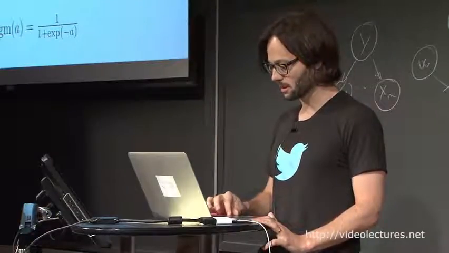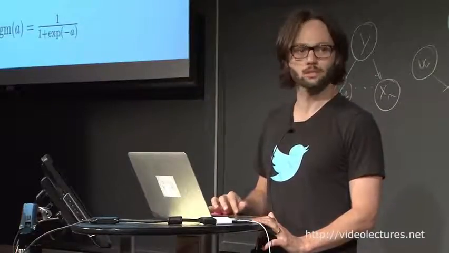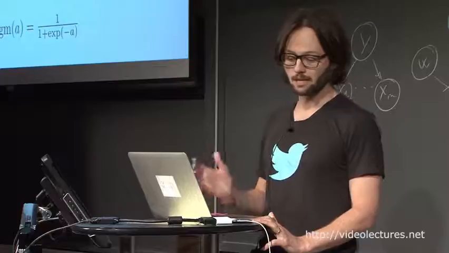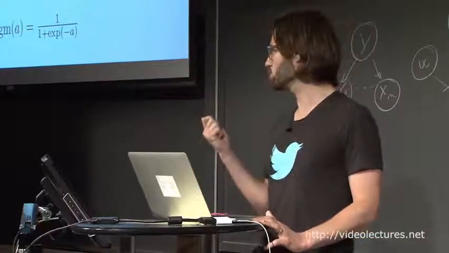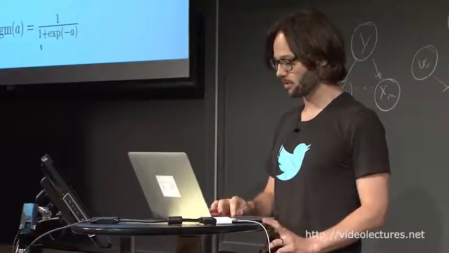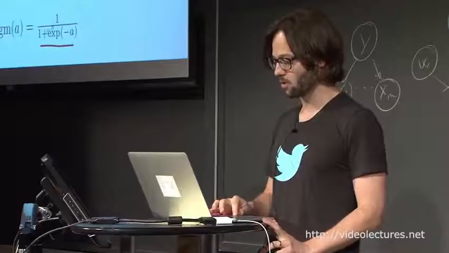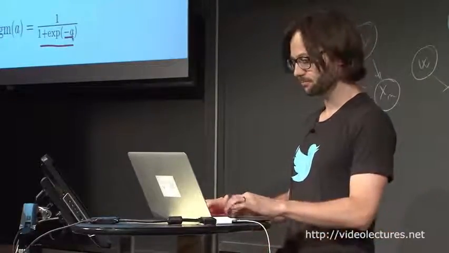So this axis is the preactivation, and that's the activation of the neuron. You can see it's squashed between 0 and 1. It's always positive, it is bounded, and it's strictly increasing. So the higher the preactivation, the higher the activation. And the actual mathematical formula for the sigmoid is this here. It's 1 over 1 plus the exponential of the negative preactivation.